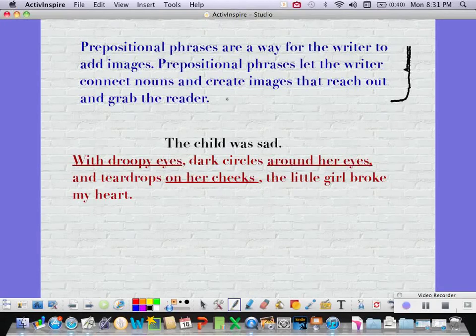All right, look at my example. The child was sad. There's your adjective, sad. Now look what I did with prepositional phrases rather than the adjective sad. With droopy eyes, dark circles around her eyes, and teardrops on her cheek, the child broke my heart.